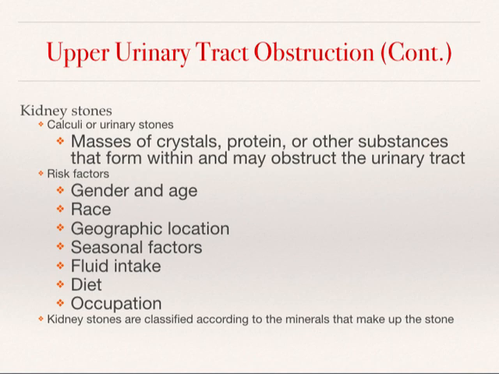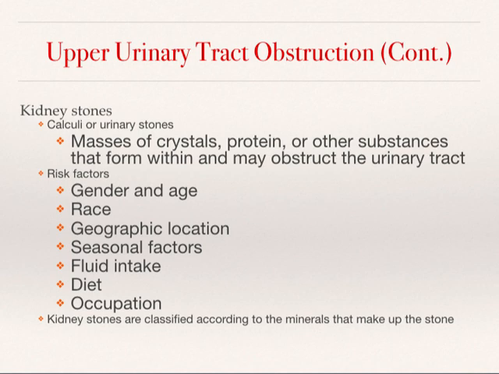Same thing with calcium: a high intake of calcium can contribute to calcium stones. Occupation is kind of the same thing, as it's more found with patients that are more likely to get dehydrated, whether they're not drinking enough fluids or they work in an environment that is warm, essentially. So it's the same thing that we talked about with the geographic or seasonal factors.